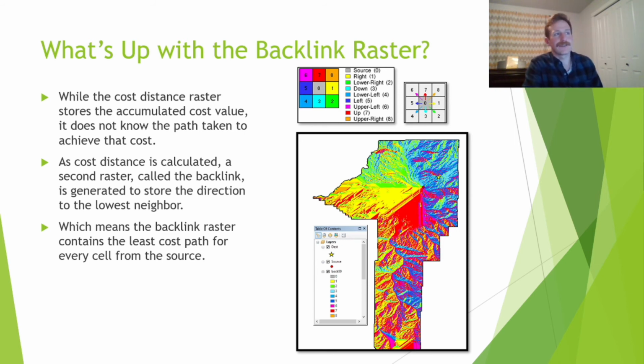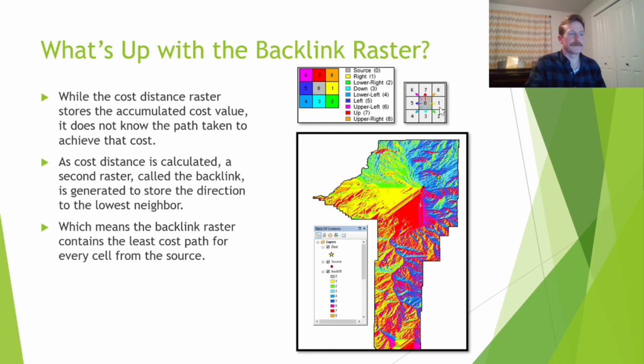And so the backlink raster is taking care of that direction for us, by marking 1 of 8 values, and the value marked in a cell is just pointing to the lowest cost neighboring cell. And so you can see it kind of represented up here, kind of starting with yellow and then working clockwise around.